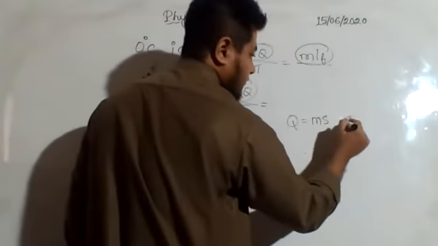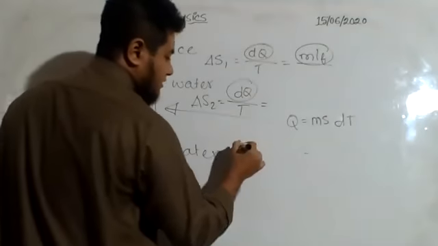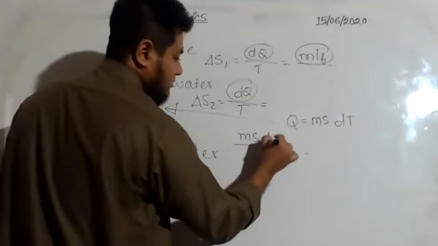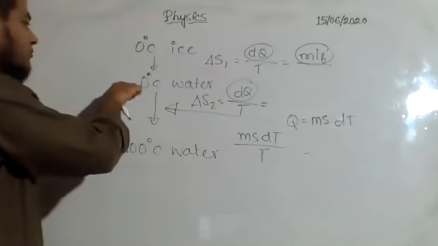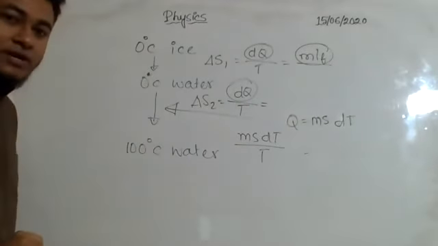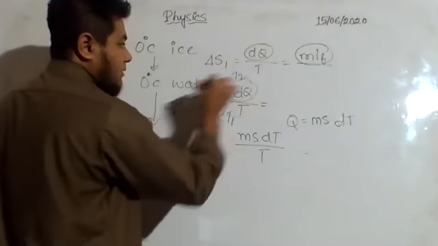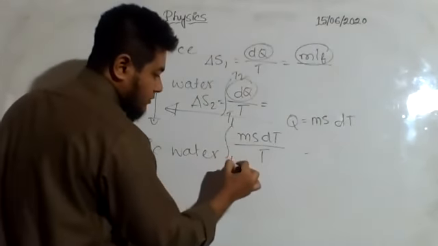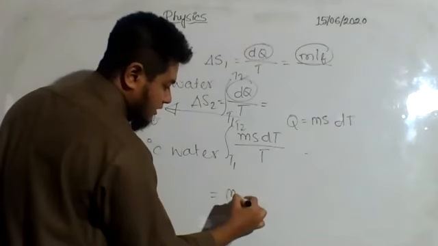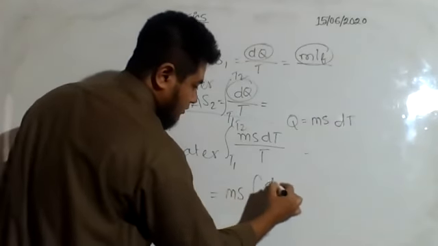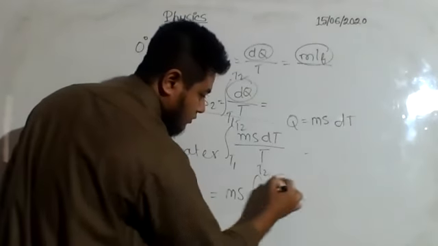It is a small amount of heat we are considering, so we write dT. So we replace it here: m s dT by T. Now we are heating it from 0 degree to 100 degree Celsius, so we have a lower limit T1 and an upper limit T2. Now m s is constant, so it will come out, and dT by T integrated from T1 to T2.